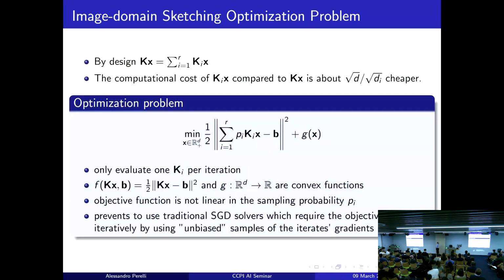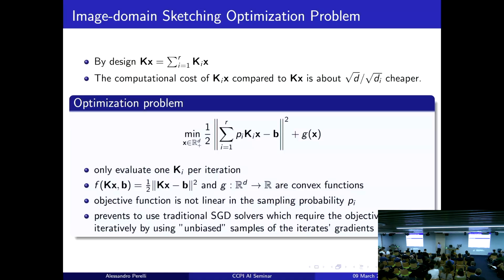So by plugging this new model into the original MAP problem, we have this new data fit function here, and then the regularization, which is again acting on the full resolution x.